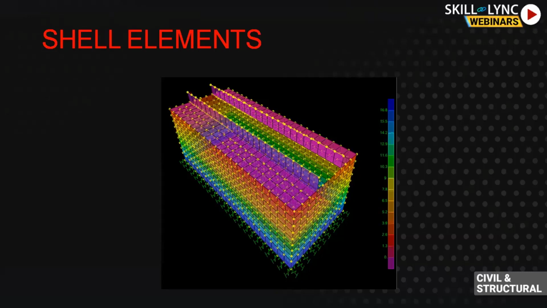Similarly, the membrane can only act for in-plane forces, like an arch or a dome. It doesn't have bending in it. Primarily, axial forces will dominate in that structure. Because axial forces will be developed when forces act on the structure, we need something which can capture both the bending and the axial stiffness of the structure.